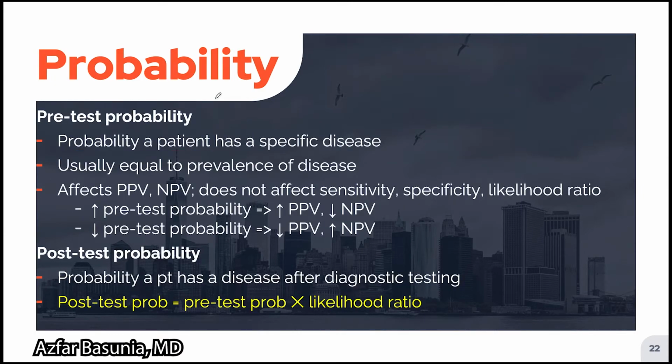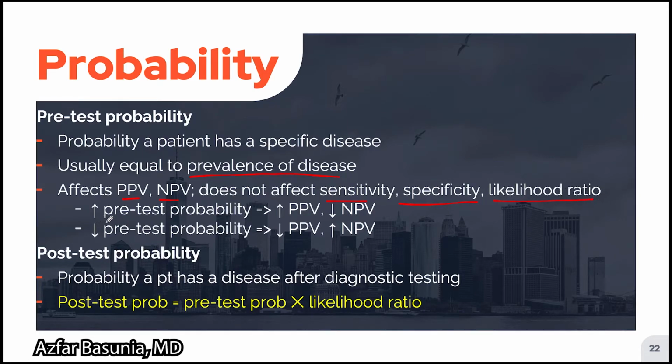In our last section of this module, we will discuss probability. The pretest probability is the probability a patient has a specific disease. Very, very important to know is that the pretest probability is equal to the prevalence of the disease and therefore affects the positive and the negative predictive values and does not affect sensitivity, specificity, and we will learn later the likelihood ratio.